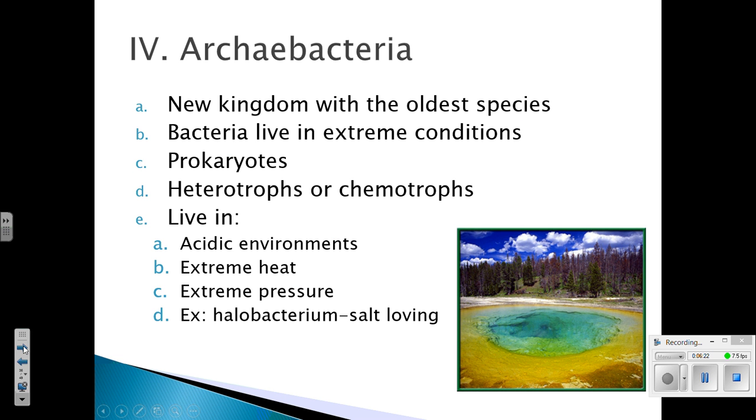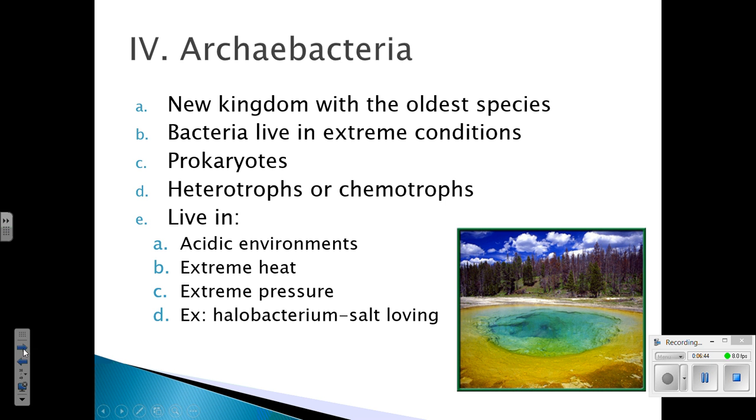Okay, the Archaebacteria gets their own kingdom because they do some weird stuff. They can live in extreme environments, like in hot sulfur vents. We have discovered them at the deepest depths of the ocean, in places where we didn't think life existed. But once we went down there, found out that they were living off of the heat from the inside of the earth in order to thrive.